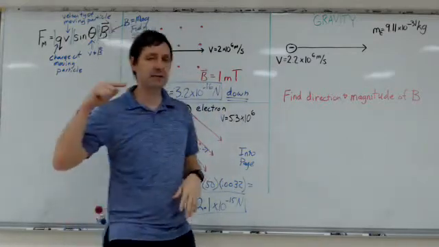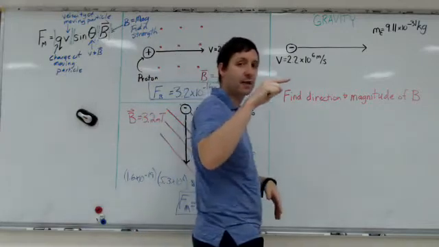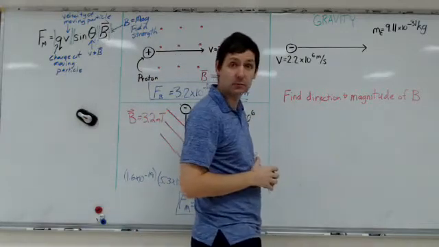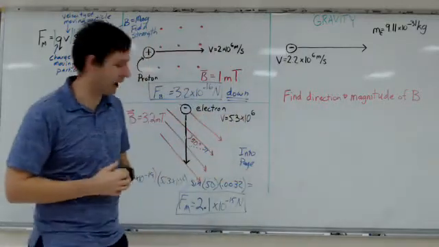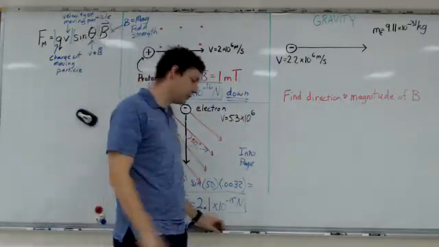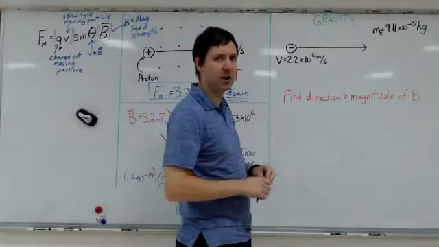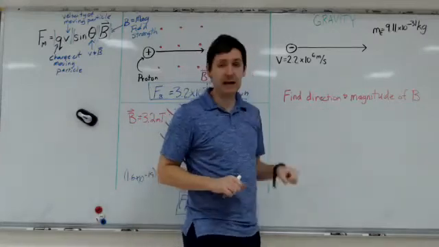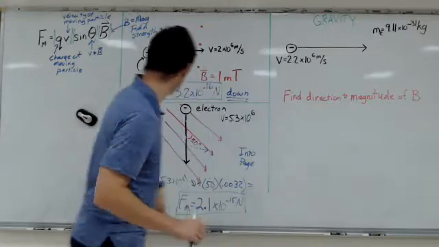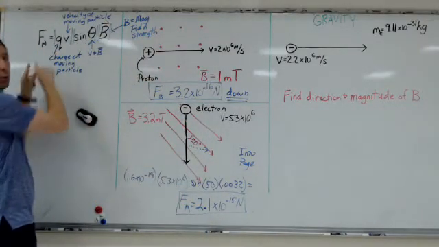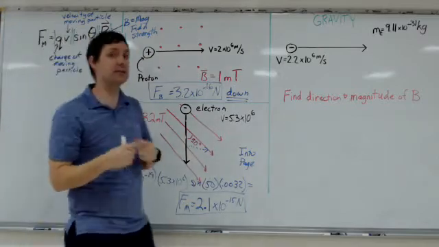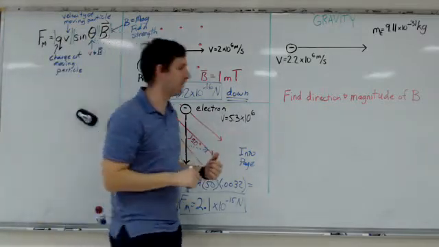Okay, we know that as an electron flies through the air, gravity is going to act on it, right? Any objects, any masses are going to feel the effects of gravity. So let's go through and do a little bit of math here. First, we are going to look for the magnetic field, but in order to get the magnetic field, which is in this equation, I'm going to need to know what the force of the magnetic field needs to be in order to balance gravity, right?